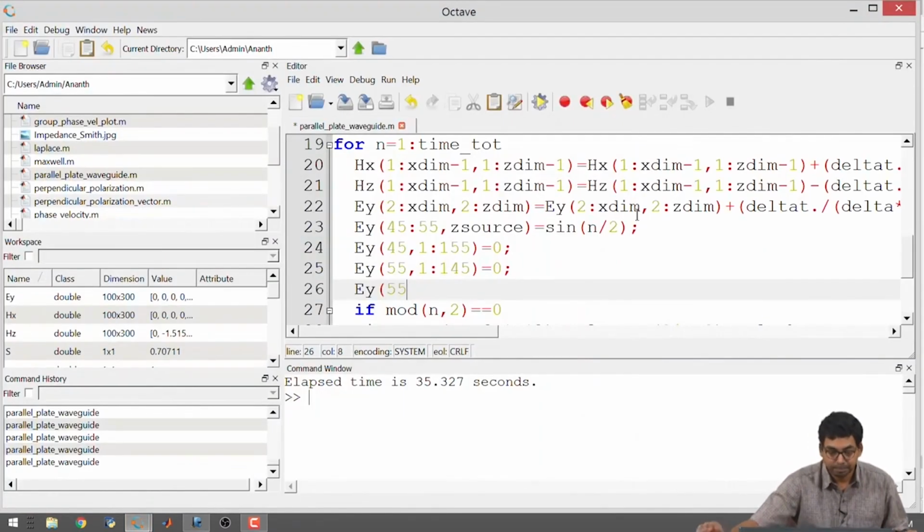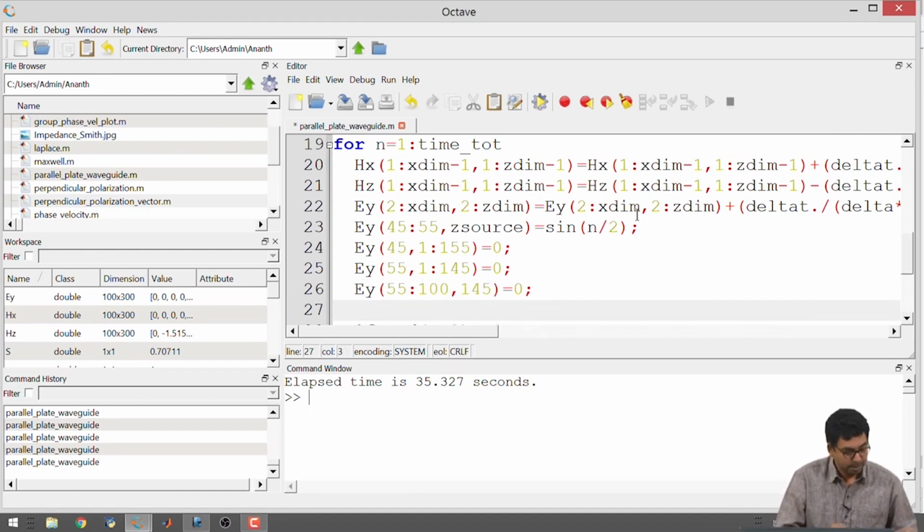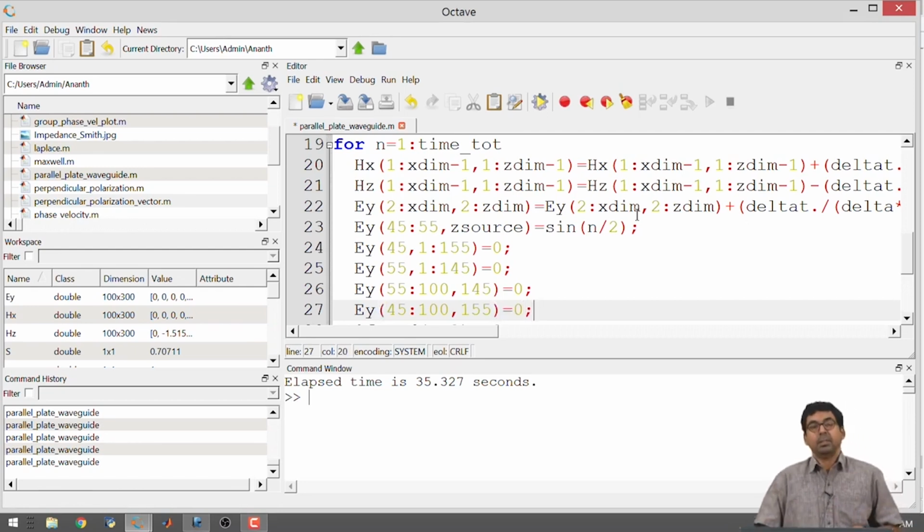Right? I have another plate. Okay. If they are wrong, I'll correct it as we go. I think it's correct. 55 colon 100 comma 145, 45 colon 100 seems fine to me.